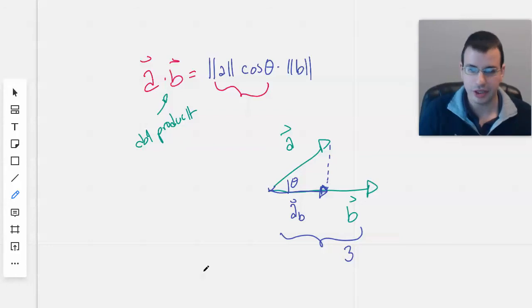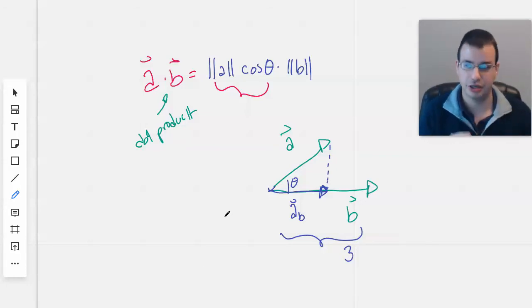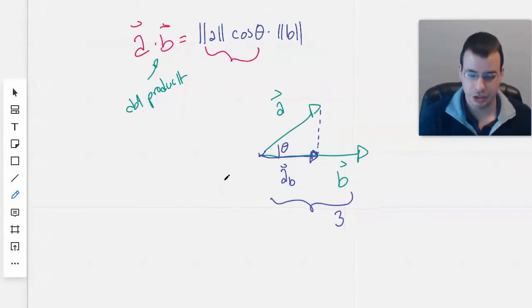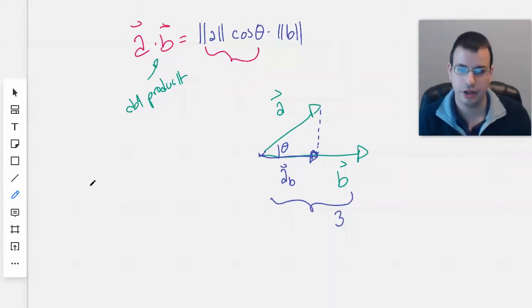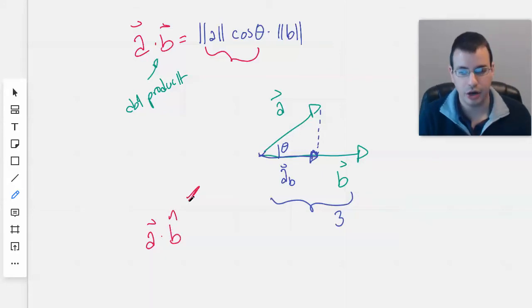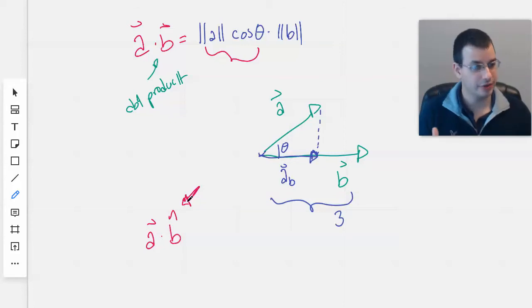Another way of looking at this comes down to the idea of projection. So you could say the projection of A onto B. If you look at A dot B hat, where by hat I mean it's a unit vector, it means there's a length of 1.